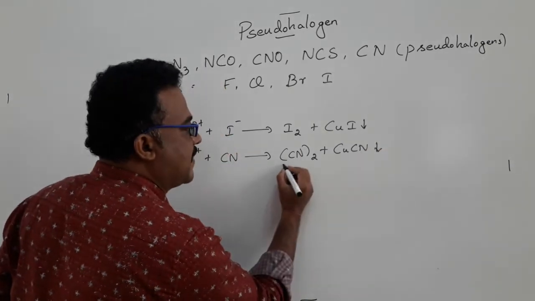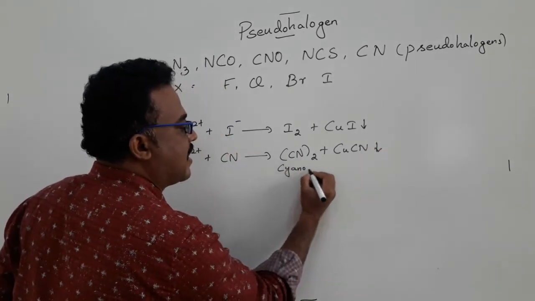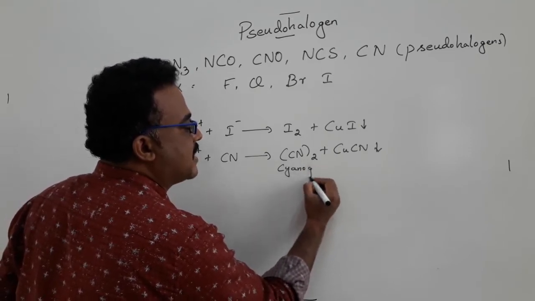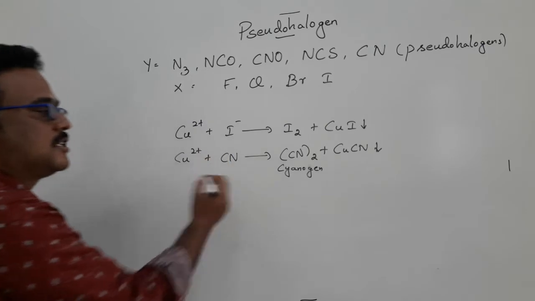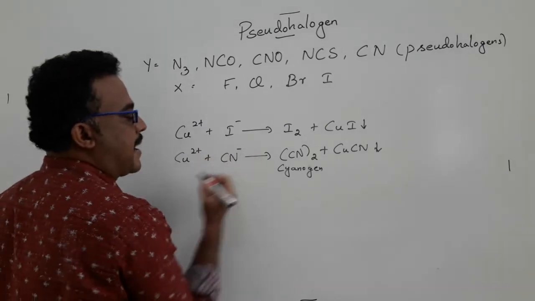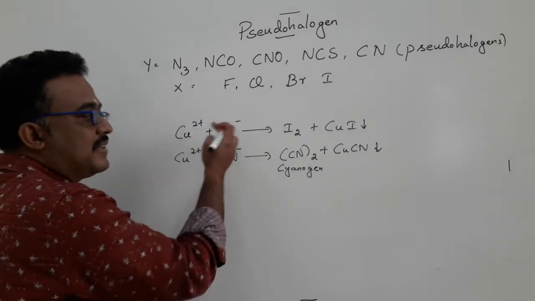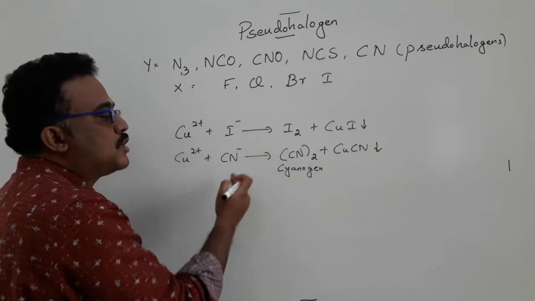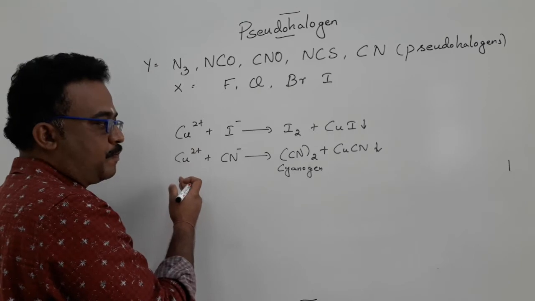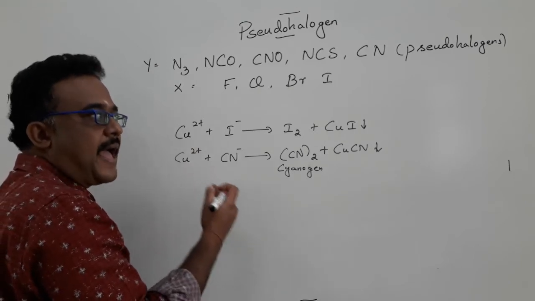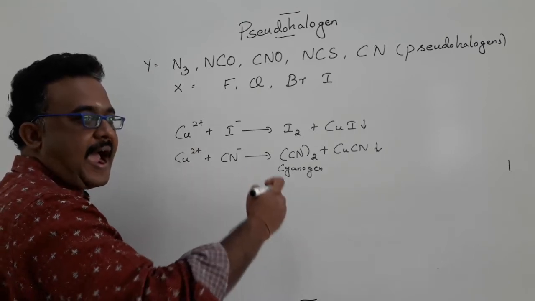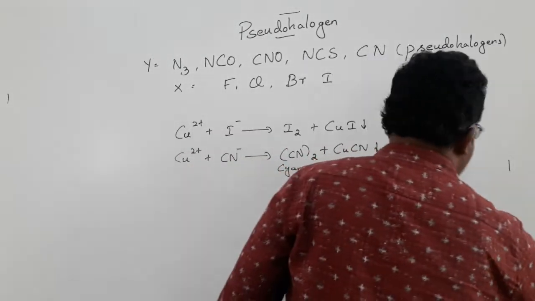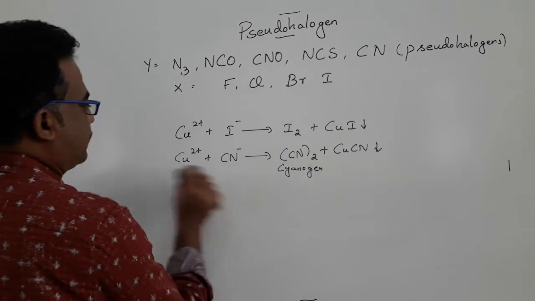So cyanogen will form; whatever the halide does with copper 2 plus, cyanide also behaves in the similar way. Again, the properties of the halogens are closely matched with the inorganic ambidentate ligand.